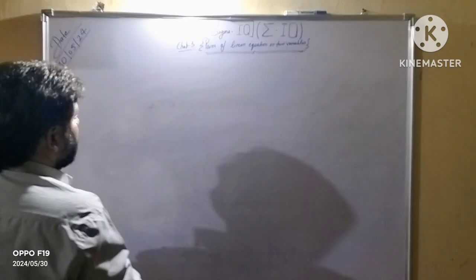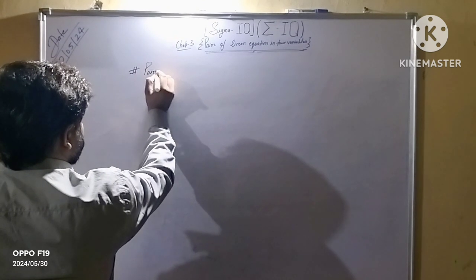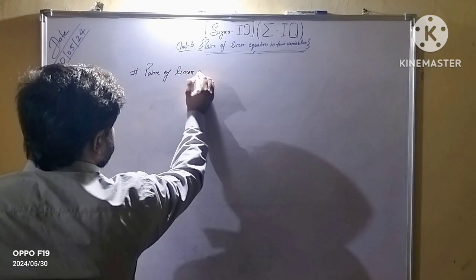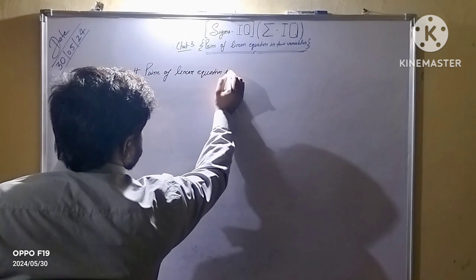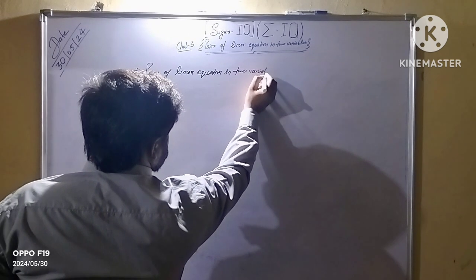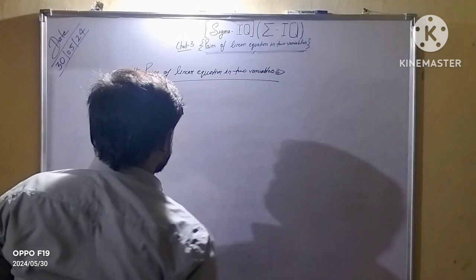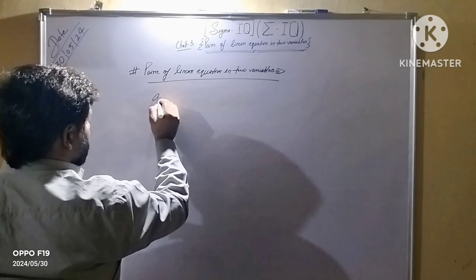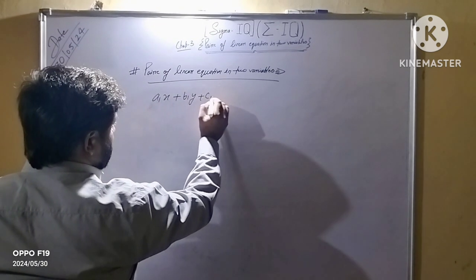Introduction of pair of linear equation in two variables. Standard form of the pair of linear equation in two variables: a1x plus b1y plus c1 equal to 0.